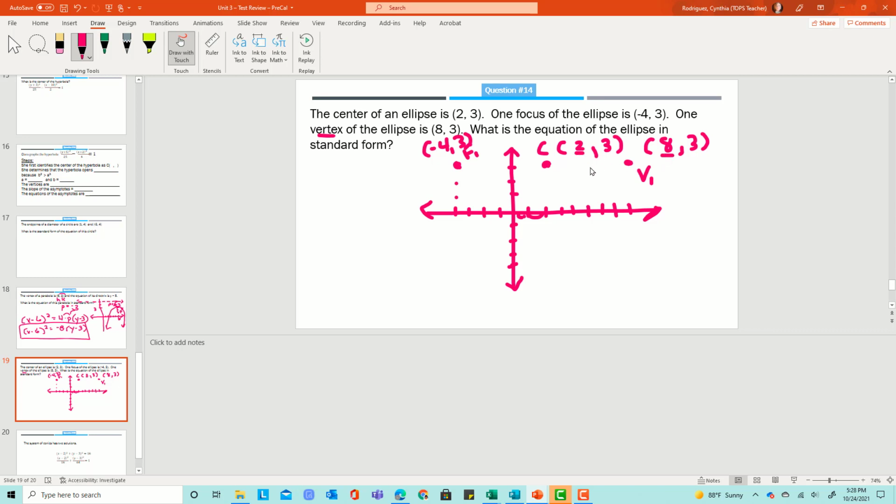We're going to move over 6 units. 1, 2, 3, 4, 5, 6. So A is equal to 6. We go 6 units in this direction.